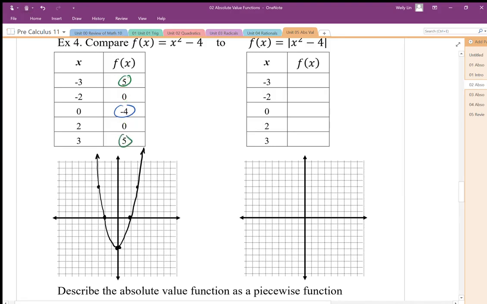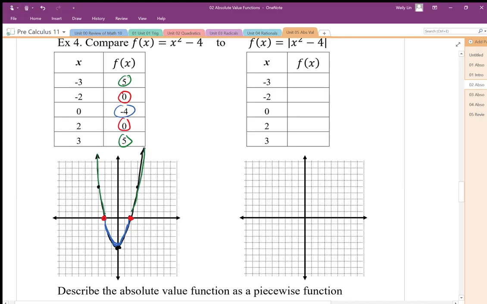Positive, positive, and the boundary is where it's equal to 0. Okay, so those are my boundary points. Where it's negative, it's below, and something's going to change. The absolute value will affect negatives. Where it won't change is where the values were already positive.